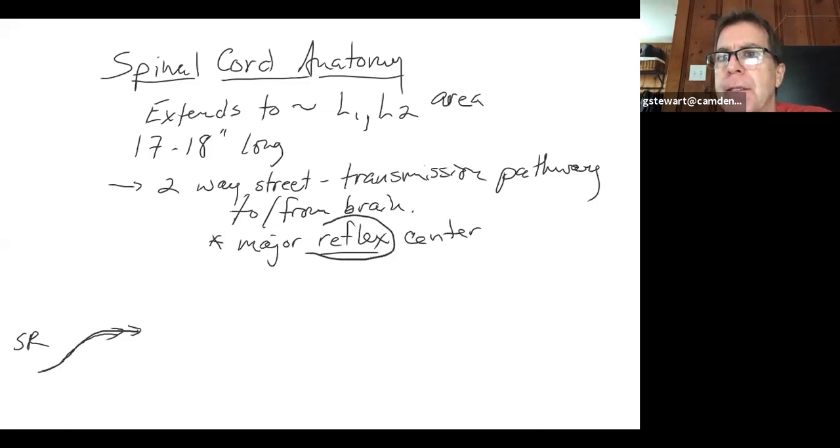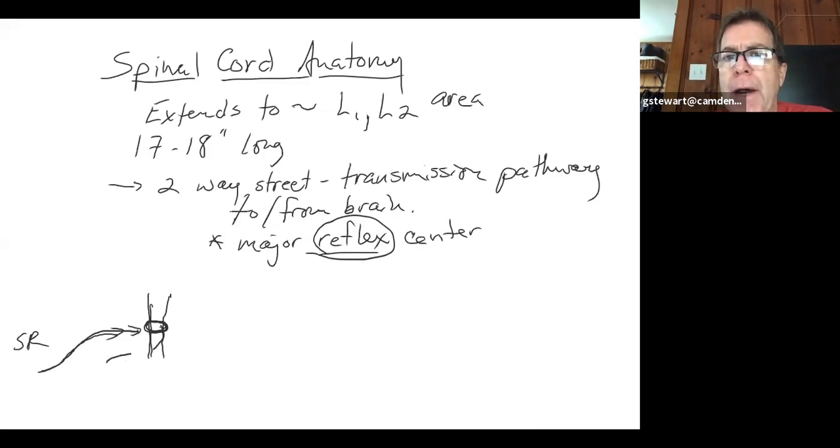A reflex doesn't go all the way up to the brain to be processed. It only has to go to the spinal cord. So if this is the spinal cord, this is where a reflex gets integrated or processed, and then it immediately sends a command back out.